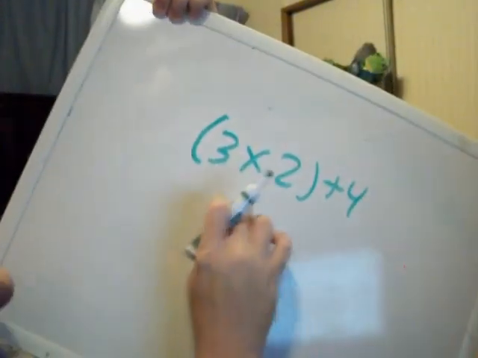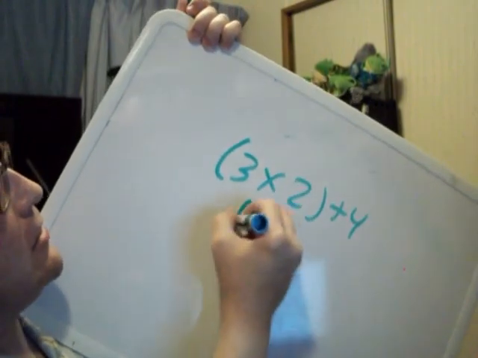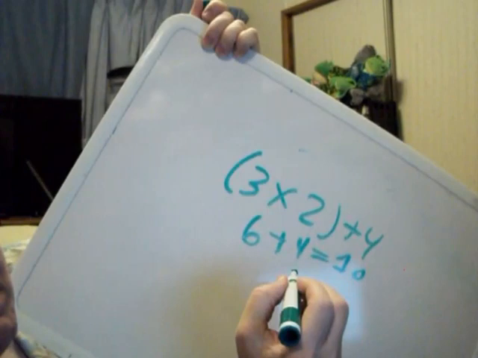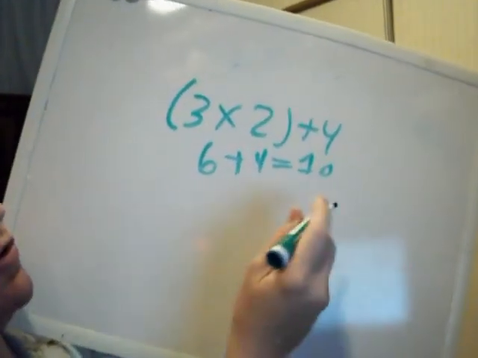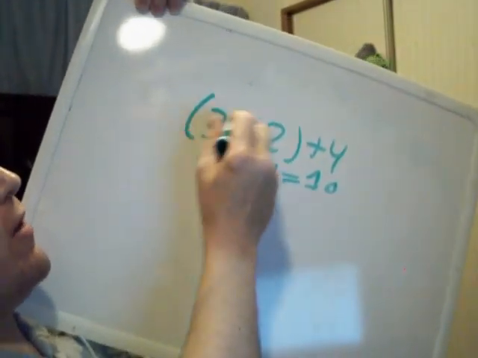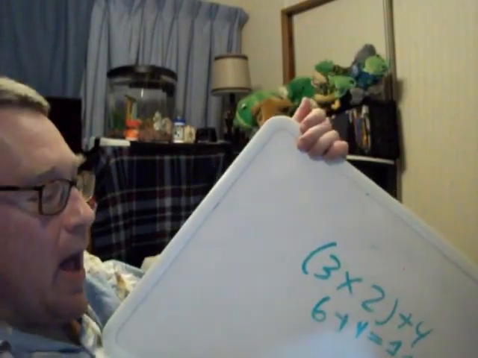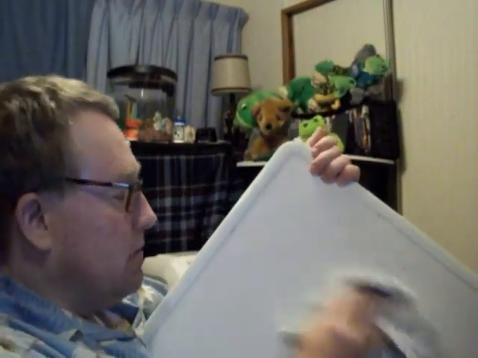If you have an equation like this, you'd multiply the 3 times 2 first, which would give you the 6, and then 6 plus 4 would be 10. So whenever you see parentheses, that gets the highest priority in a math equation.